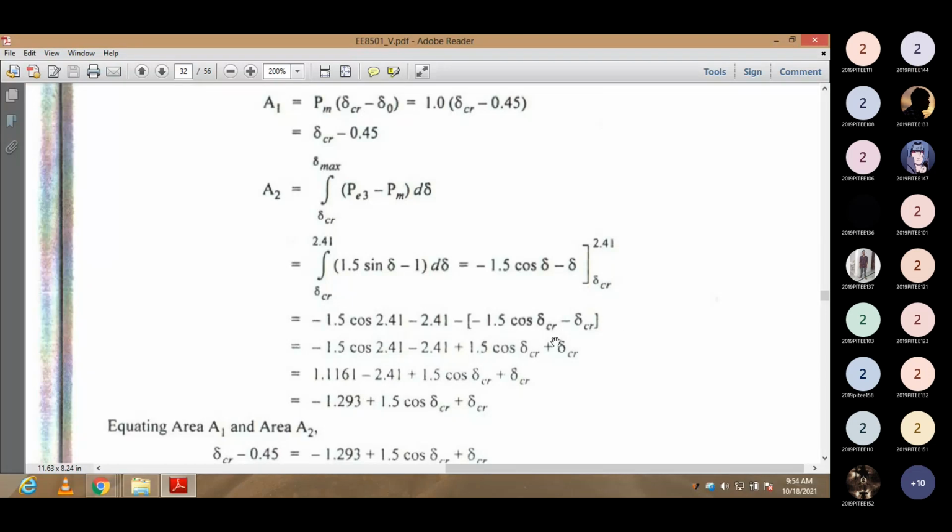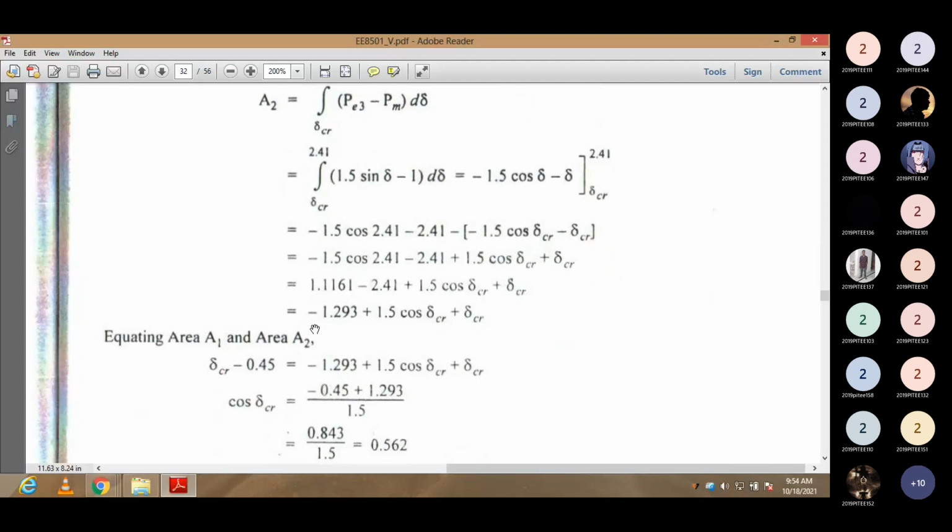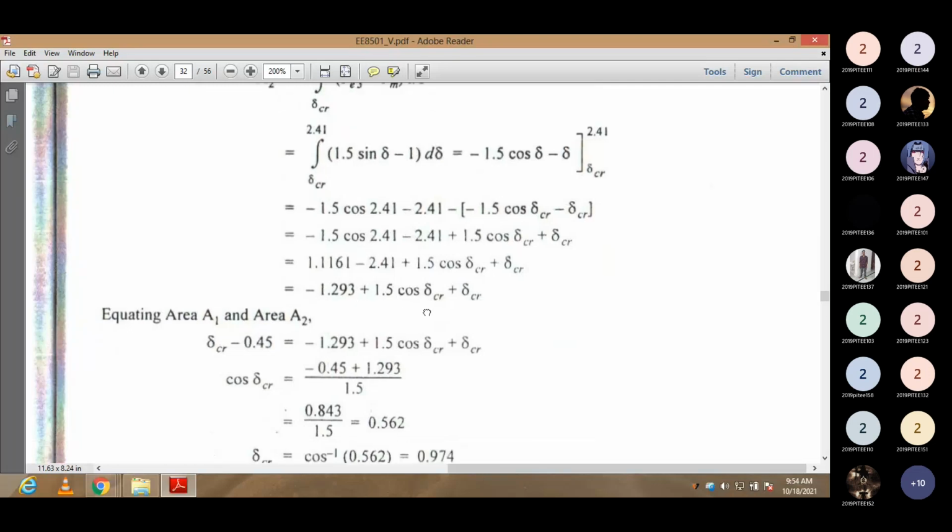We have to keep our del CR value as it is. Simplifying further, you may have the equation like this: minus 1.293 plus 1.5 cos del CR plus del CR. So area 2 is minus 1.293 plus 1.5 cos del CR plus del CR.